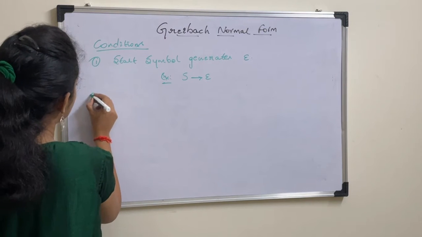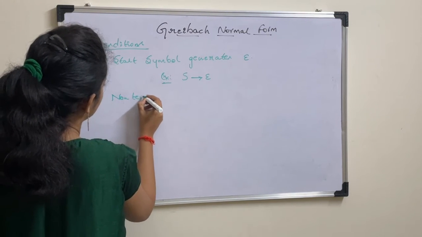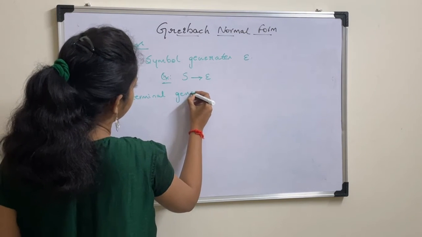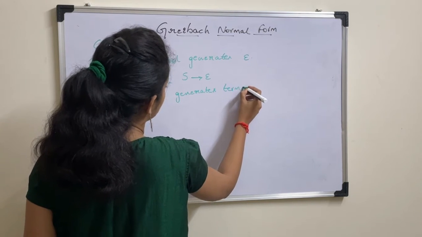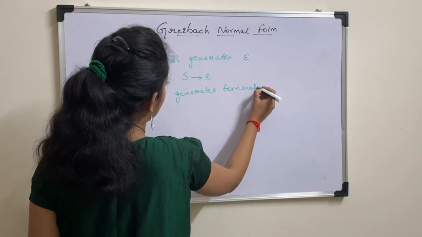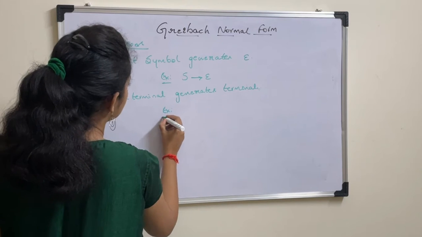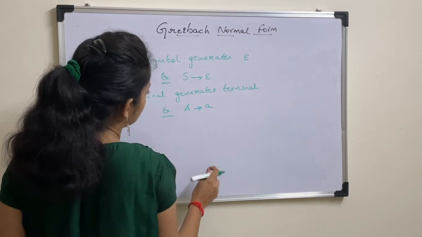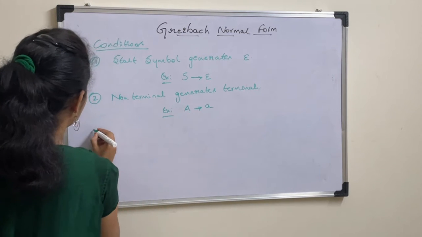And the second condition is a non-terminal generates a terminal symbol. So this can be written as: take any non-terminal generating a terminal, A derives small a.